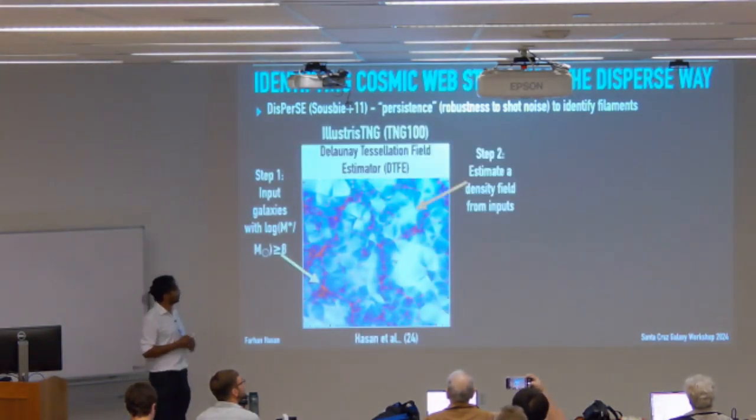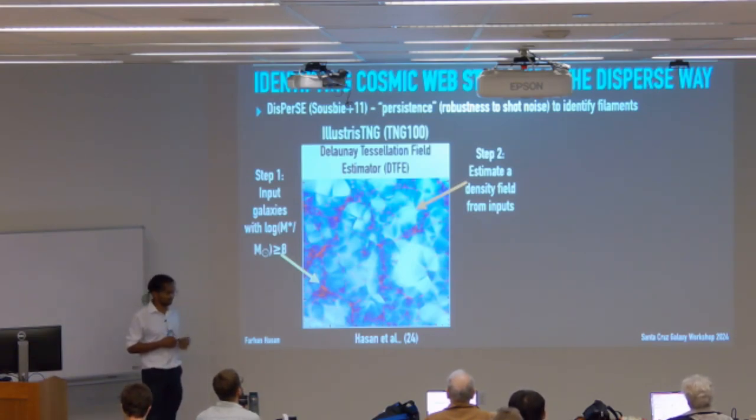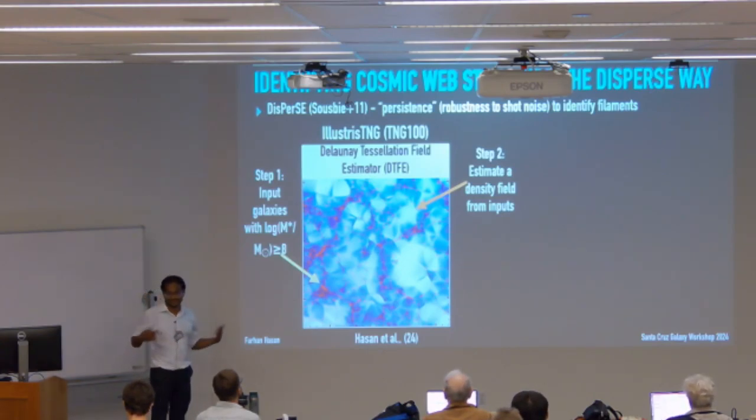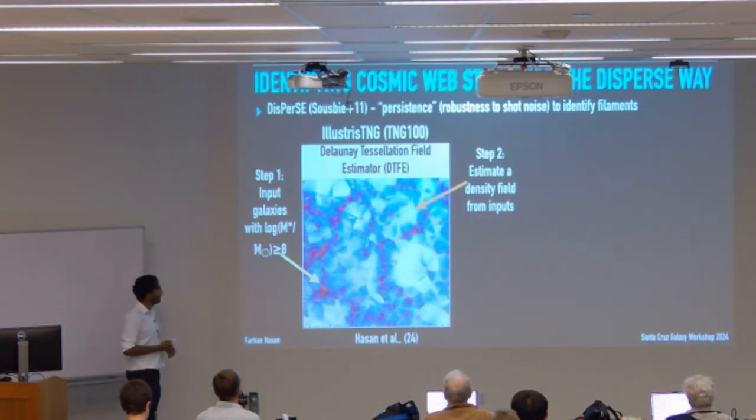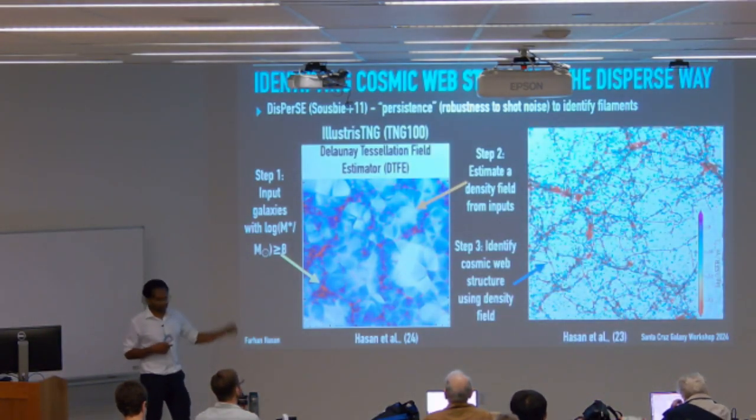This leads to step two, which is where DisPerSE estimates cosmic density fields based on these input tracers, and it uses this technique, as Joanna mentioned, called Delaunay tessellation field estimator. This is just a way to segment space into pyramids, with the galaxy locations being the vertices. And using this density field, DisPerSE identifies the cosmic web skeleton, the spines of filaments.